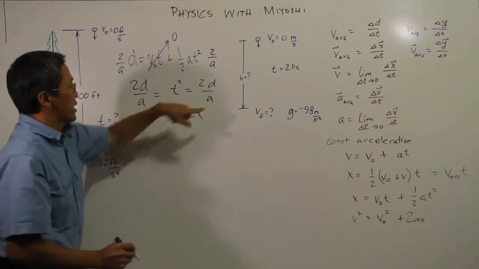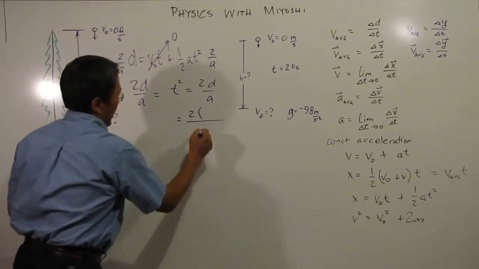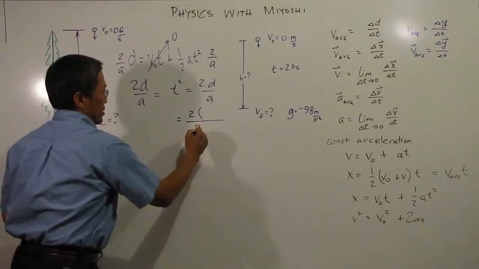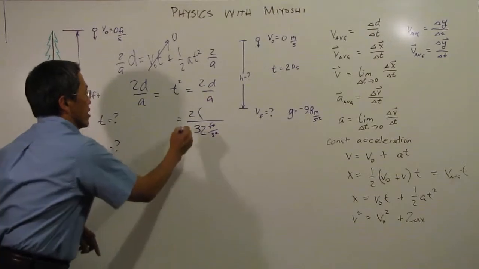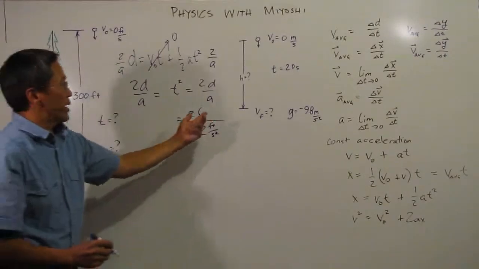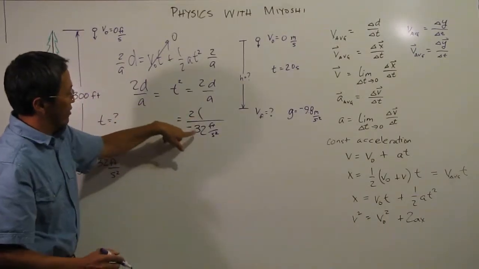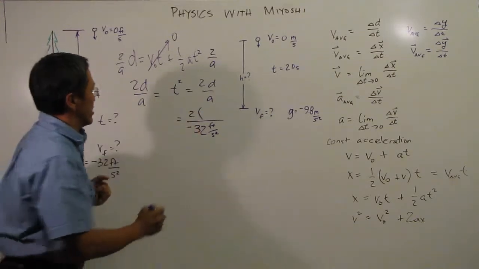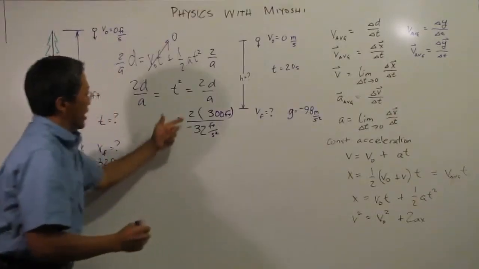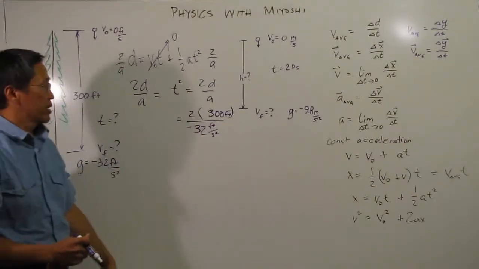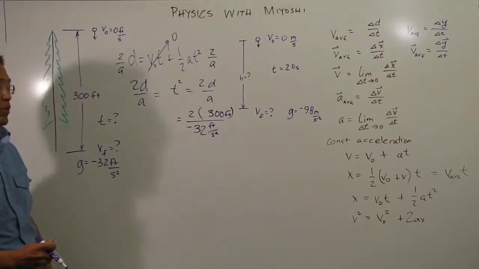Now the d, well, let's do this. My a is going to be negative 32 feet per second squared. The question is, why would my d, if I have a negative there, if I have a positive number here, 300 feet, that'll end up being a negative number that I'm trying to find the square root of.